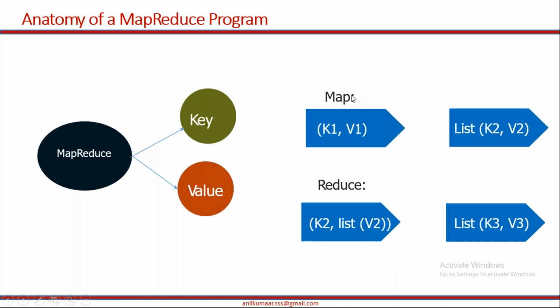Coming to the reducer: once the mapper provides the intermediary output, this becomes the input to the reducer. This also processes keys and lists of values. Finally the aggregation job is done, and you get a list of key-value pairs. So this is the basic thing.